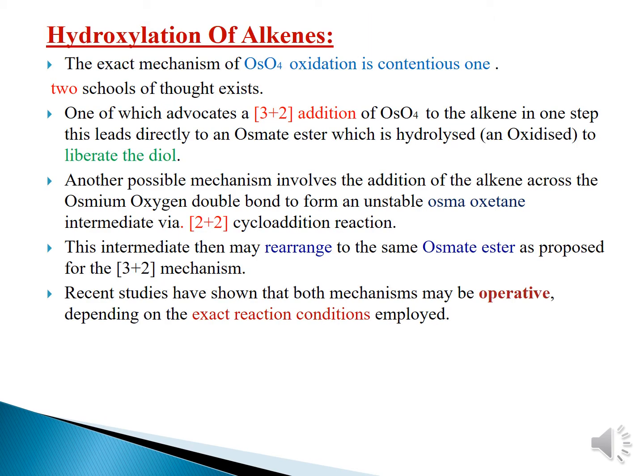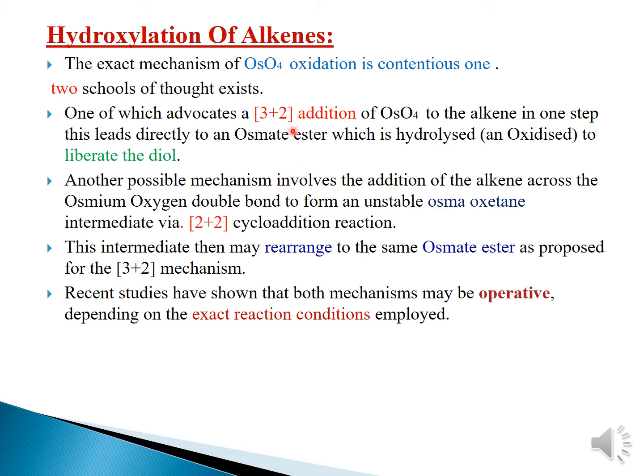So moving on to hydroxylation of an alkene. Here the exact mechanism of osmium tetroxide oxidation is contentious. That means there are two other thoughts, a 3+2 cycloaddition and a 2+2 cycloaddition, that can also lead to diol formation.